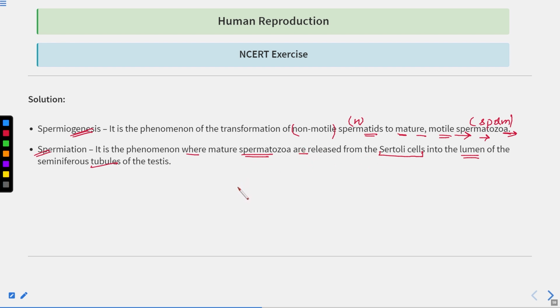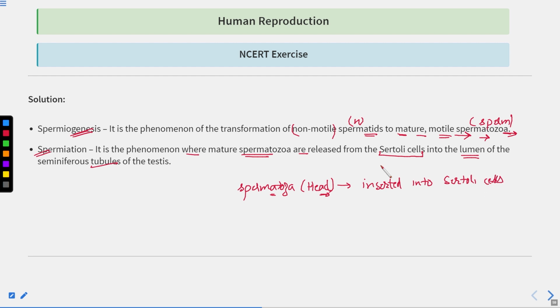When the mature spermatozoa is formed, the head of the spermatozoa gets inserted into the Sertoli cells.